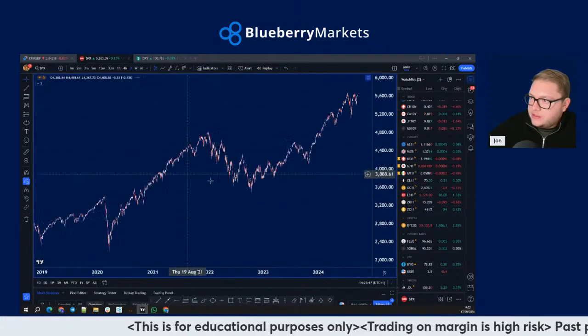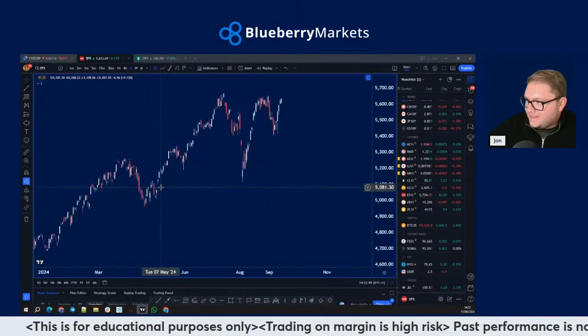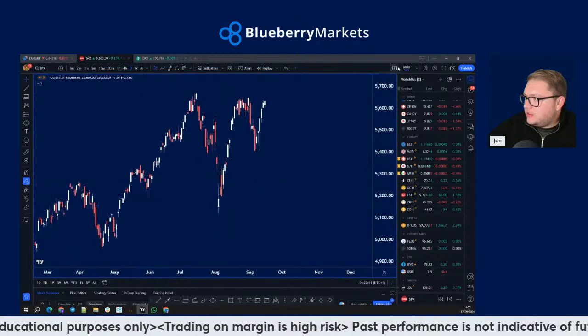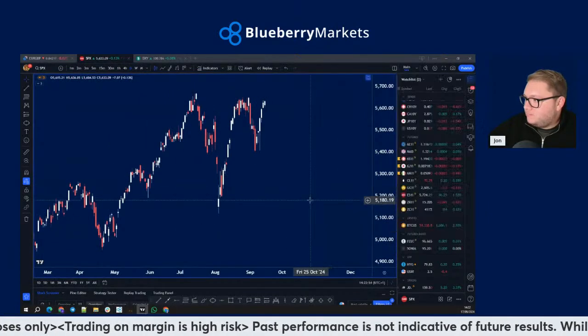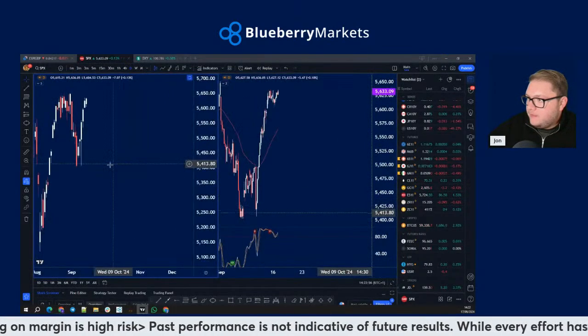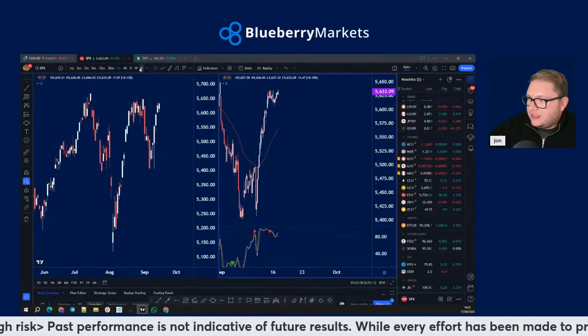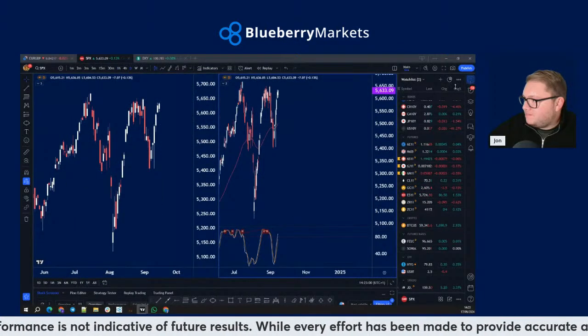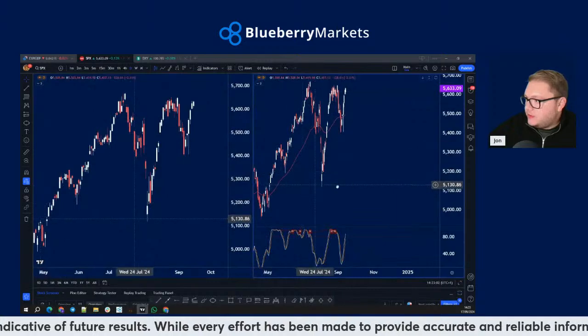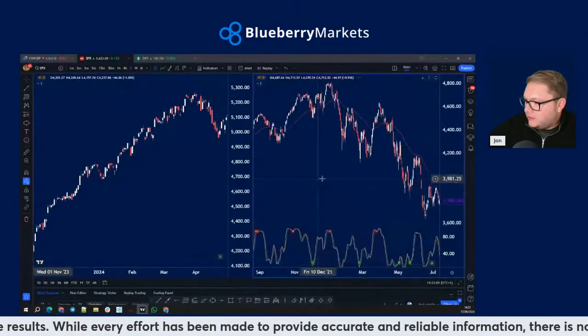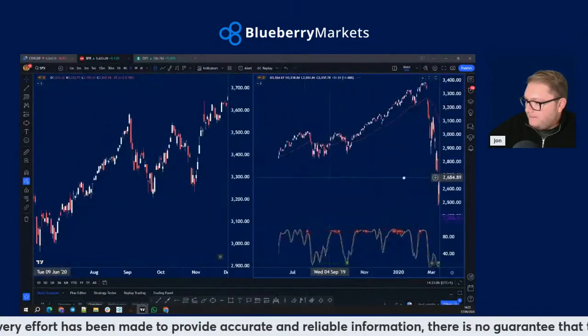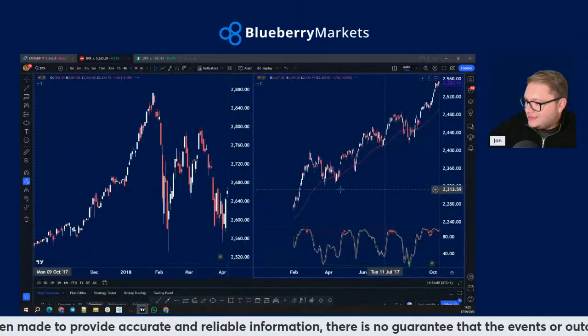Right, what I'm going to do is just go to a daily chart, and I'm going to put this side by side with price on a daily chart as well. This is current price. On the right hand side, we're going to go back to 2007.